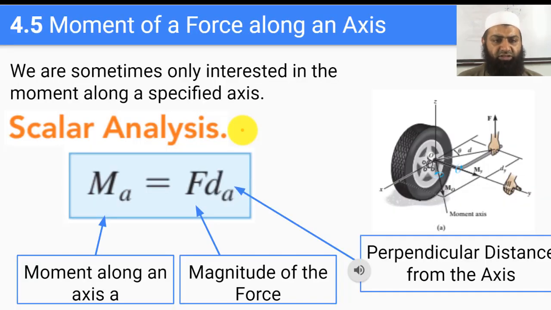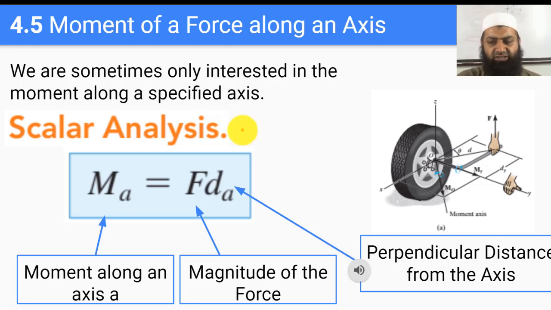So what is the moment of a force along an axis? We are concerned about the turning effect of our force, not the complete turning effect, but only the turning effect of that force which produces a rotation about a particular axis.